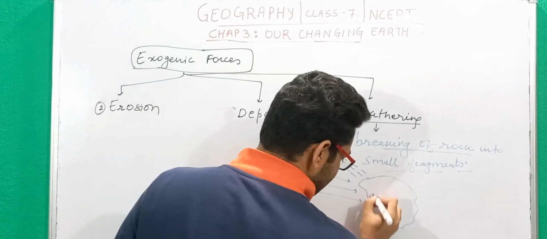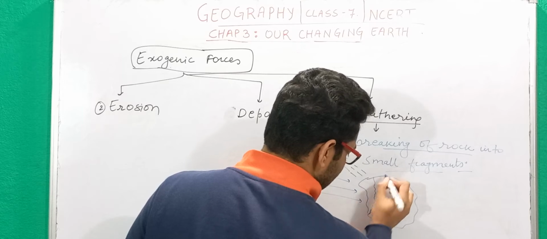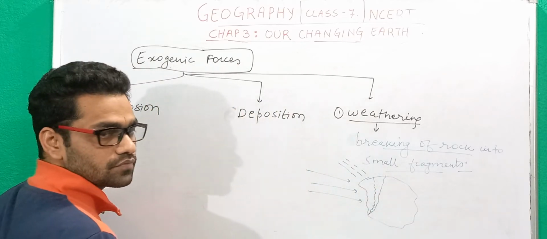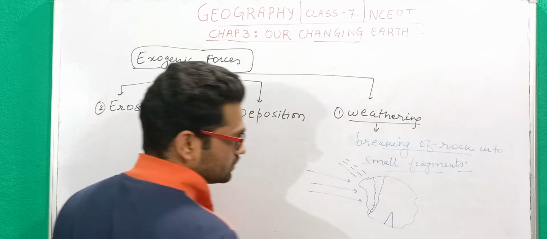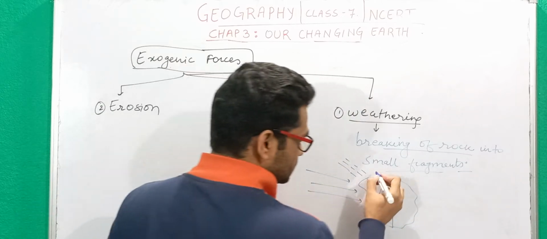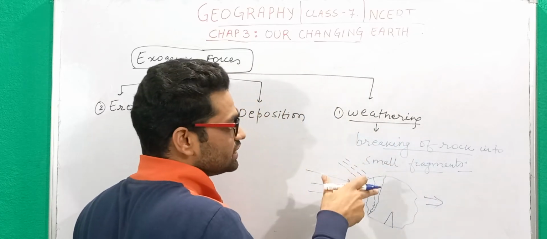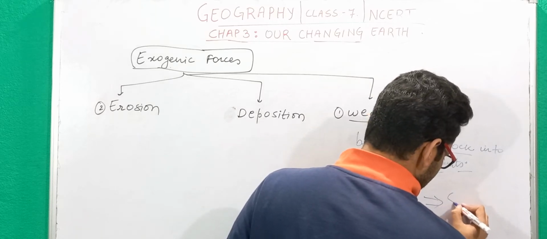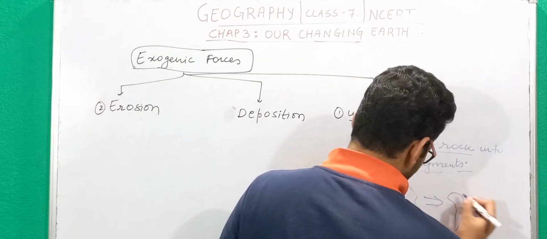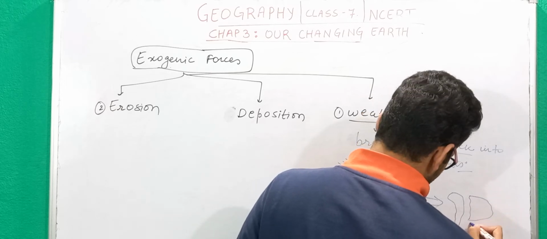Over a period of time, when all these forces are acting in conjunction with each other, cracks develop in the rocks. For example, this is a crack that has developed in the rock, and there is another crack here. Over time these cracks will cause disintegration of rocks, that is weathering of rocks, and the rock will get fragmented into smaller pieces.